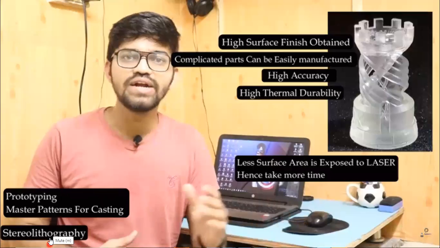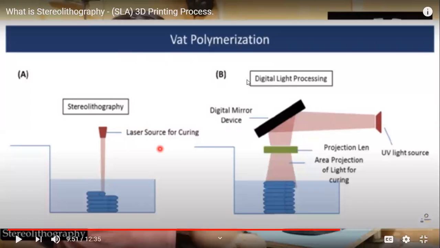In DLP, we actually use a bulb or a light source which covers the whole area. Here, the laser beam is a thin beam, and only the polymer exactly in the direction of this laser gets solidified.